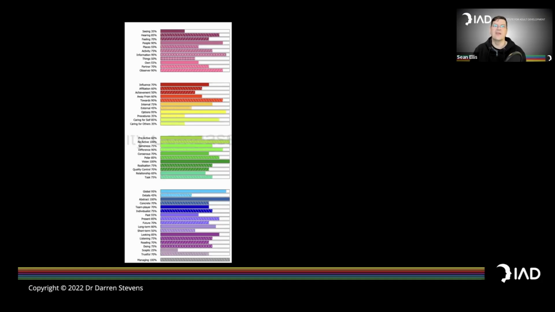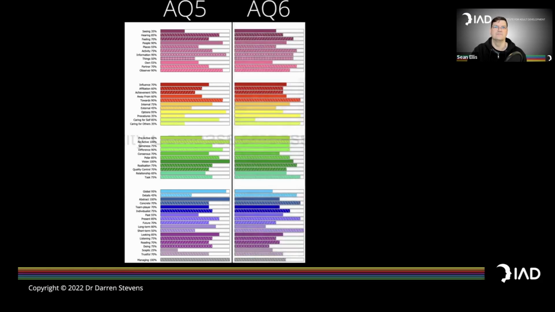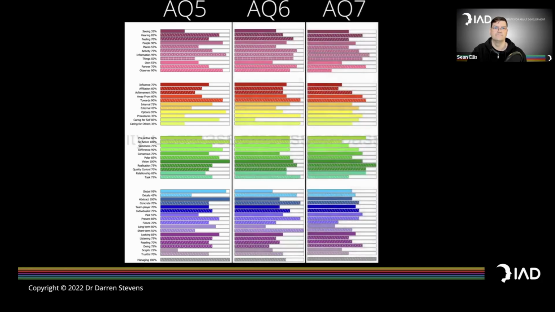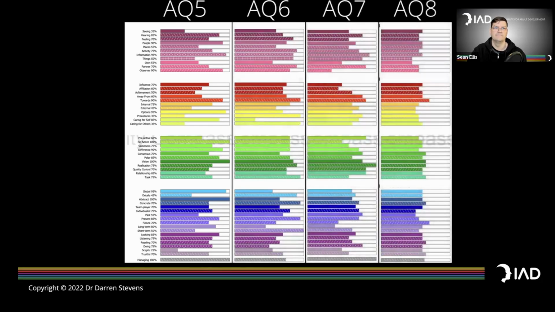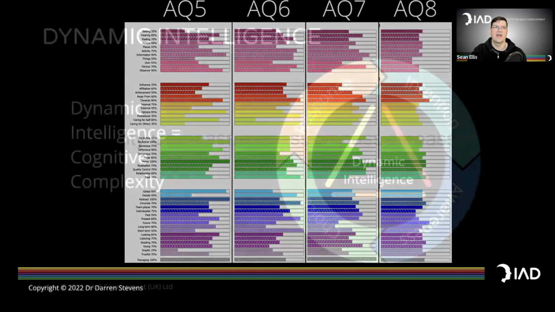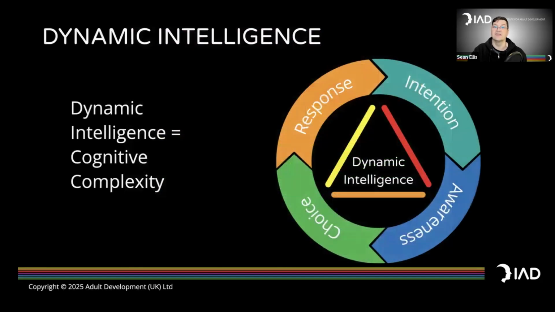And each of us has varying ability to choose to utilize each of these cognitive intentions. It naturally follows that as our capacity for choice in this regard increases, so does our cognitive complexity. And that brings us back to dynamic intelligence.